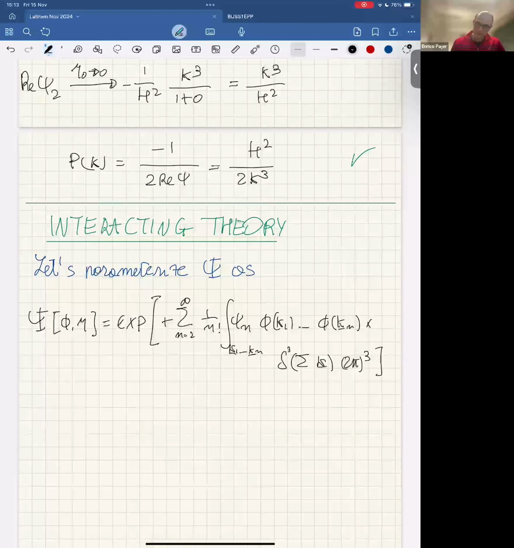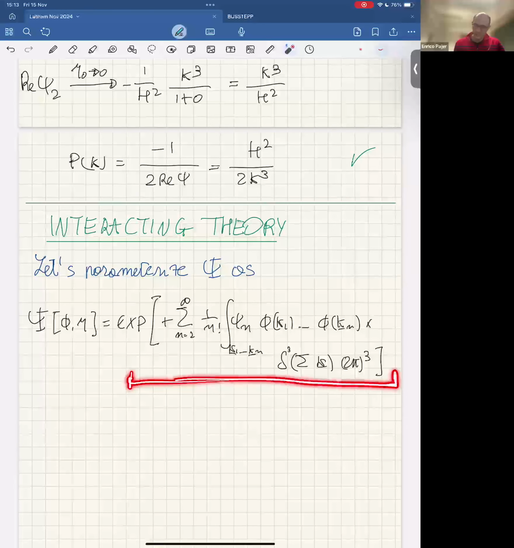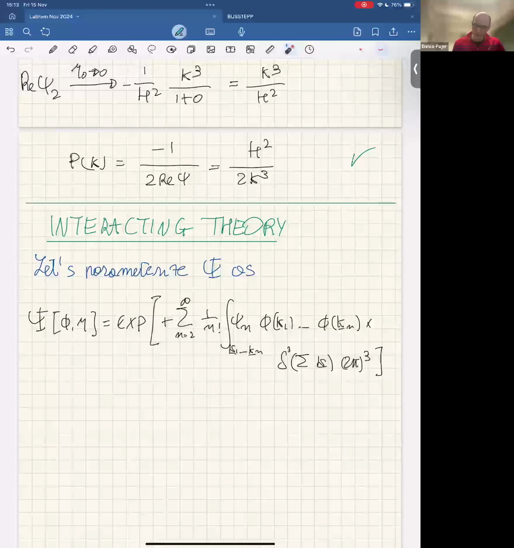So this is similar to the wave function of a Gaussian theory, except that now instead of just putting n equals 2, psi 2 phi squared, I allowed psi n for any n. In other words, you can think if you take the log of psi, I just Taylor expanded the log of psi around the minimum, saying that it's phi squared, phi cubed, phi to the fourth, etc. So this is a sufficiently generic parameterization for most calculations in perturbation theory.